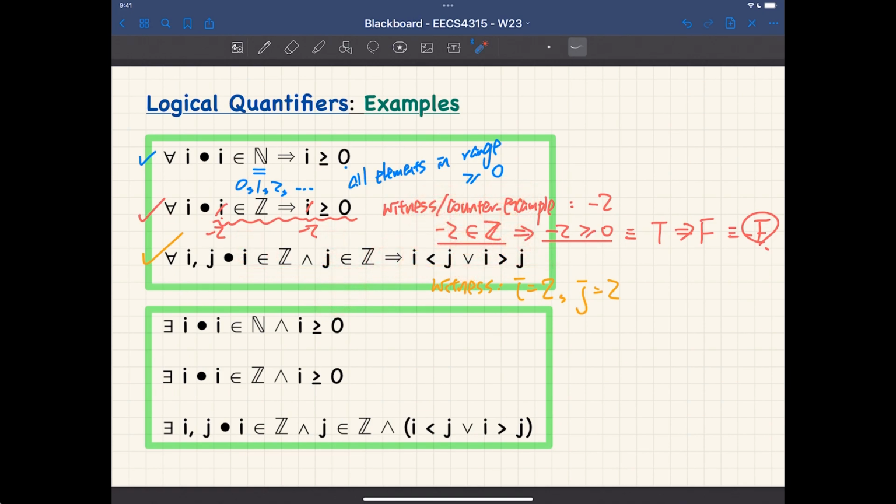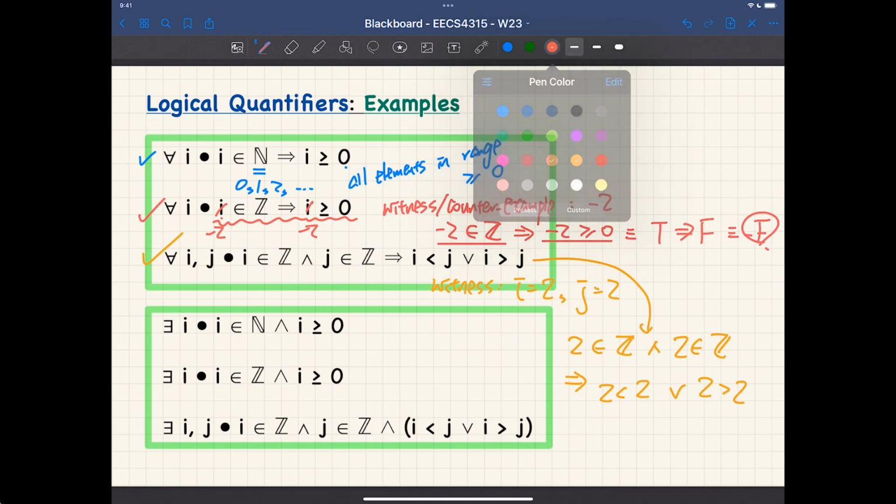Let me write it down, just in case you got lost. We still have just 1 minute. So think about 2 an integer over here, and 2 is an integer, implies 2 less than 2, or 2 larger than 2. And very quickly, you can see this part over here is true.